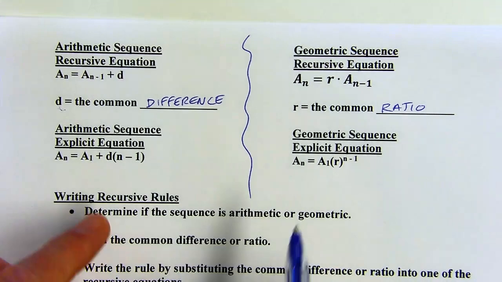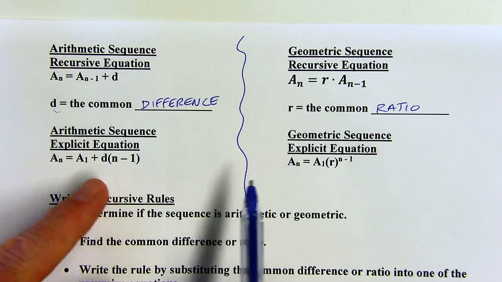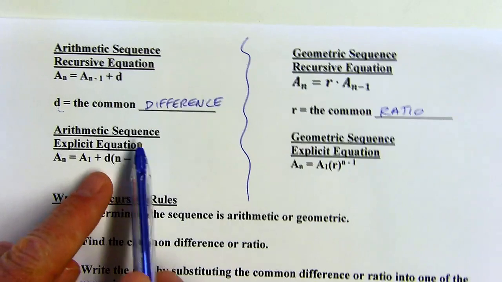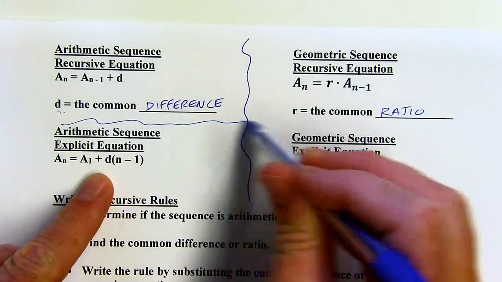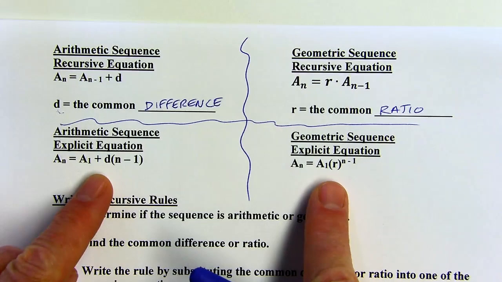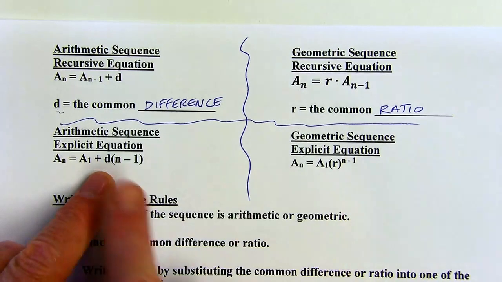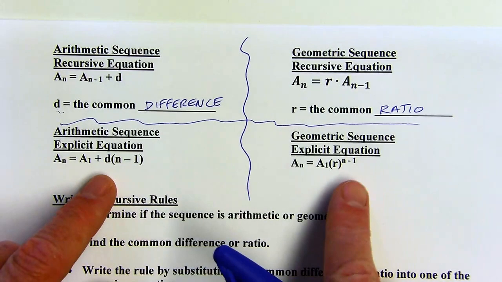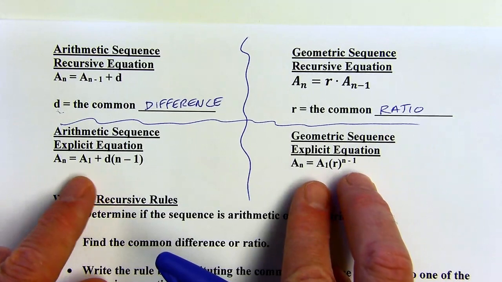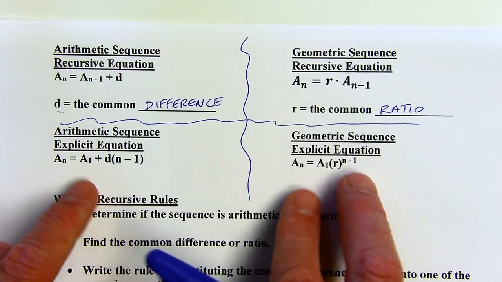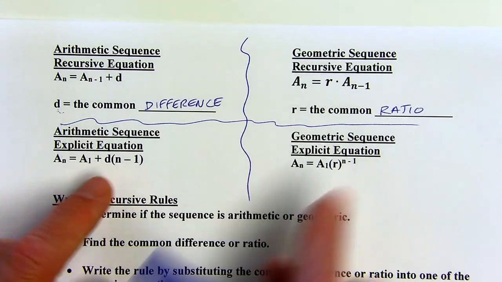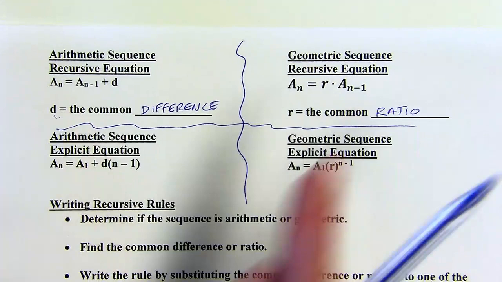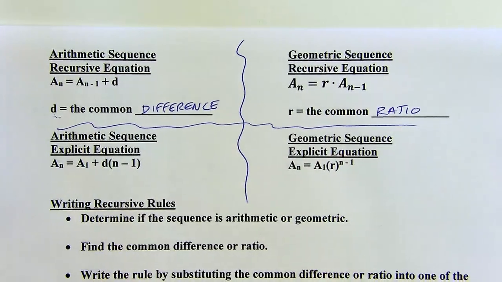Okay, so we've got our arithmetic sequence explicit equation. So the two at the bottom here, we've seen these before, right? We're using the difference here and the ratio here, and then you can get any term you want. You can get the 76th term if you know what the first term and the difference are. You just plug in 76 for n, right? These ones are different because we've got the a sub n minus 1 in both of these.